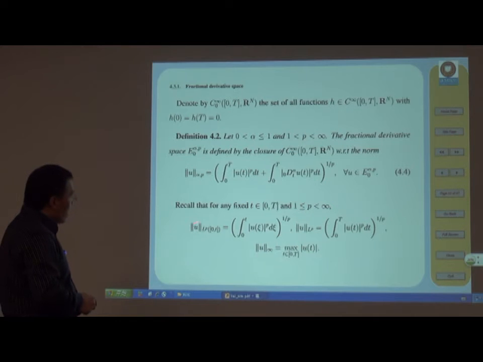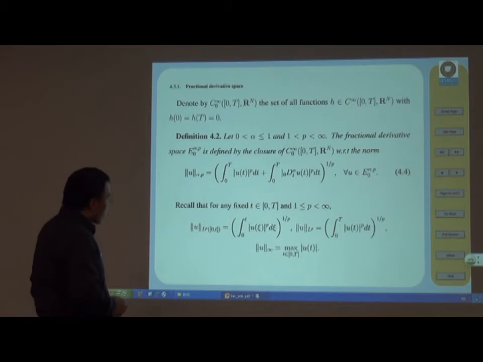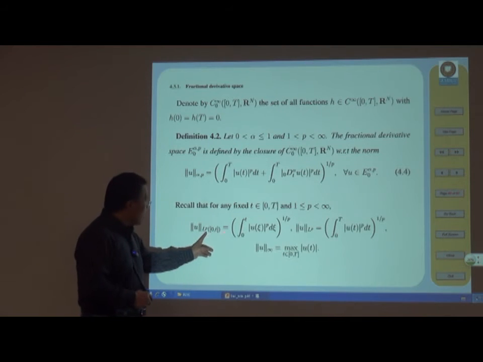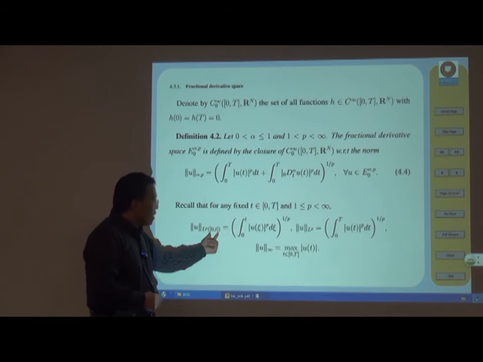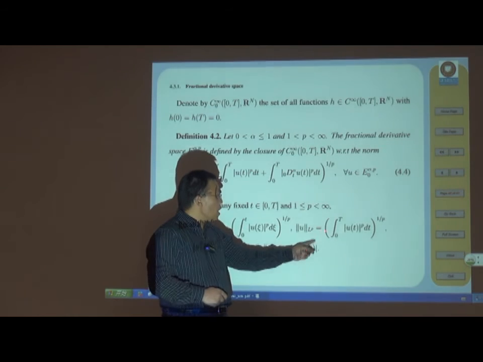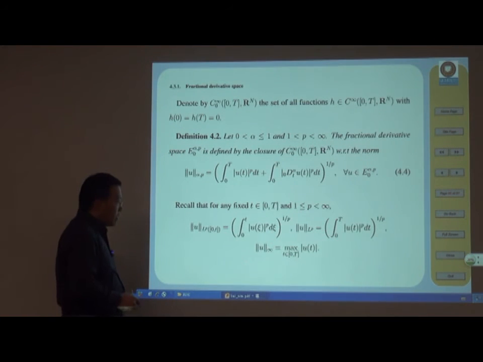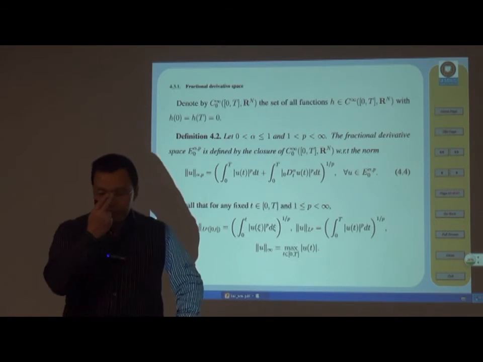And here are another 3 norms: u in L^P on the interval 0 to t, this is u in capital L^P, and this is u's infinity norm.